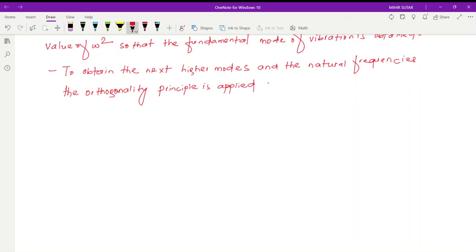Okay, to obtain a modified matrix equation, okay, which does not contain, you can say, the lower modes.